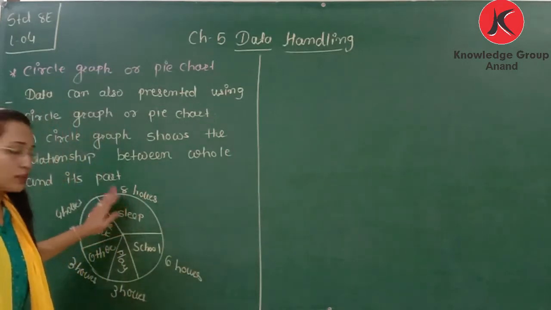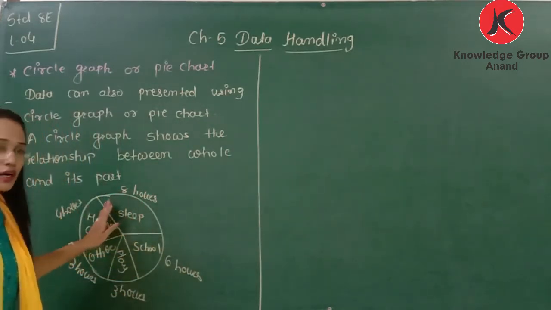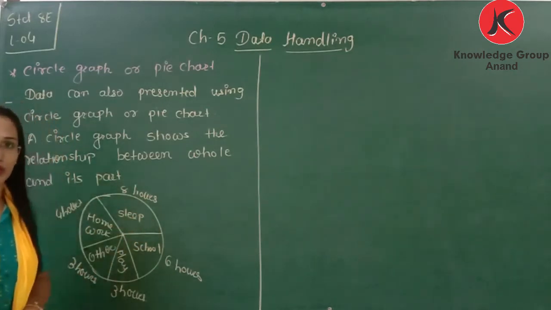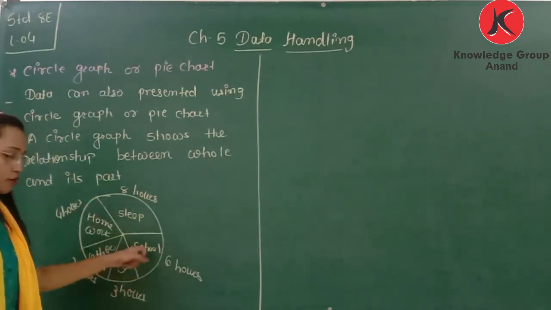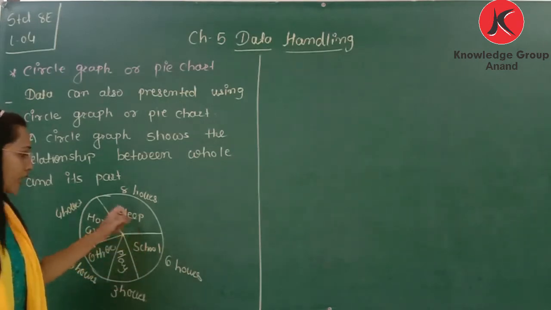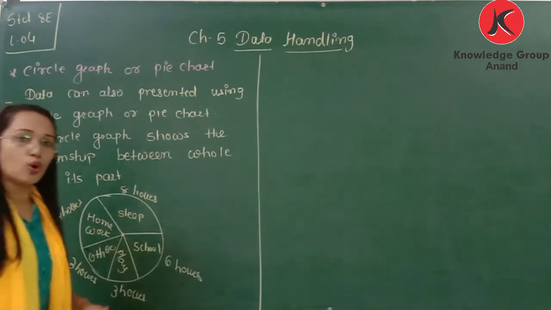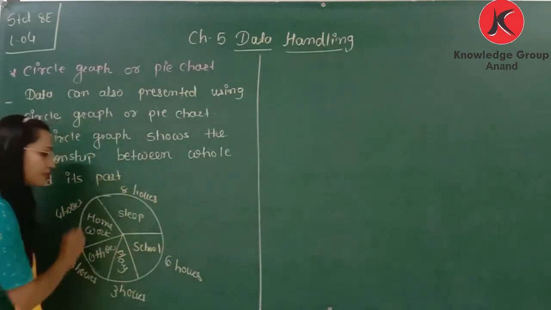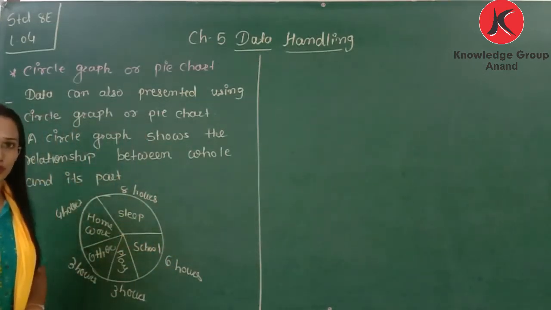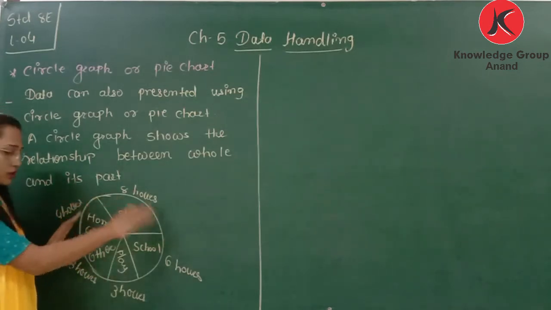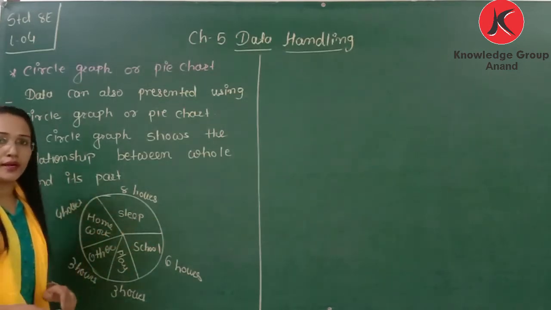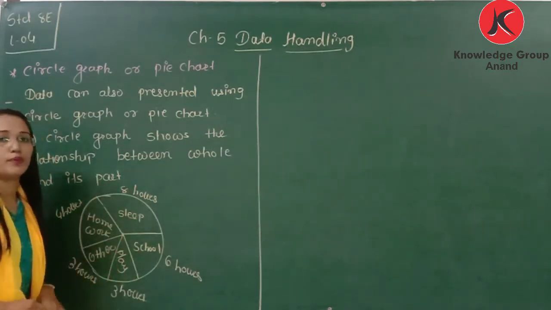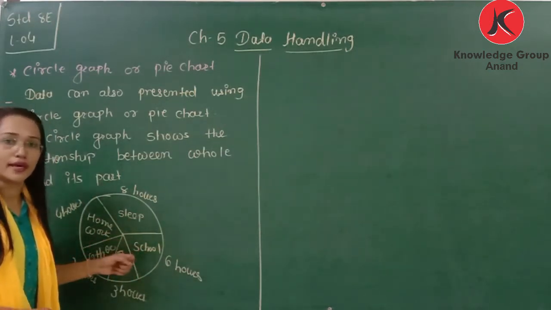If we want to find the fraction of the circle that represents time for sleeping: in a whole day there are 24 hours, so this whole circle represents 24 hours. For one day there are 24 hours, so this whole circle represents 24 hours for our example.